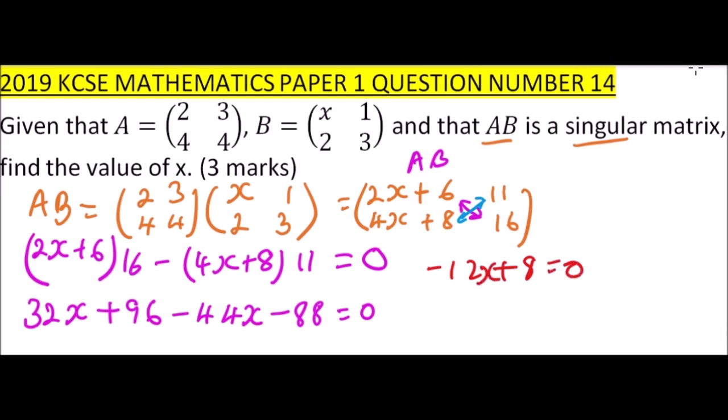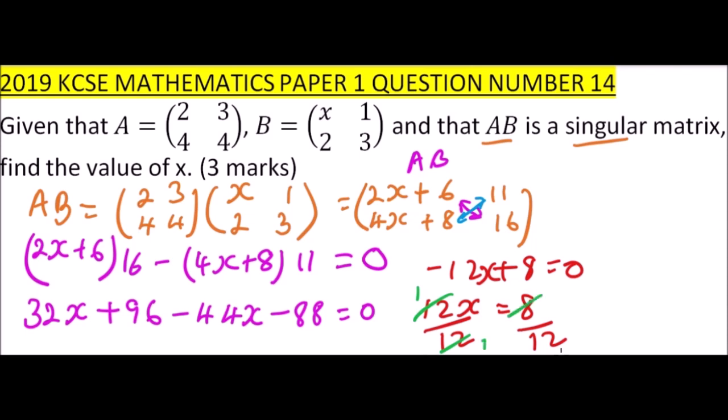So this is minus 12x. If you take 12x to the other side, it becomes positive. So 12x is equal to 8. Divide both sides by 12. When you divide that, 12 divided by 12 is 1.